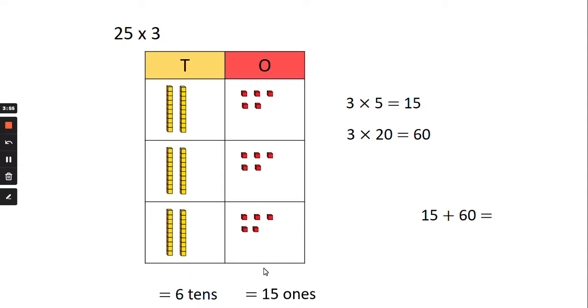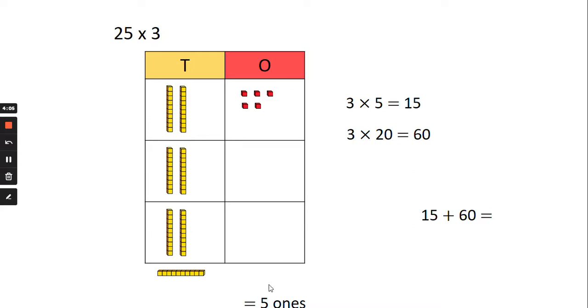So taking away 10 ones counters and swapping them for 1 tens. That leaves us with 5 ones in our ones column and 7 tens in our tens column, showing that we have a total of 75.